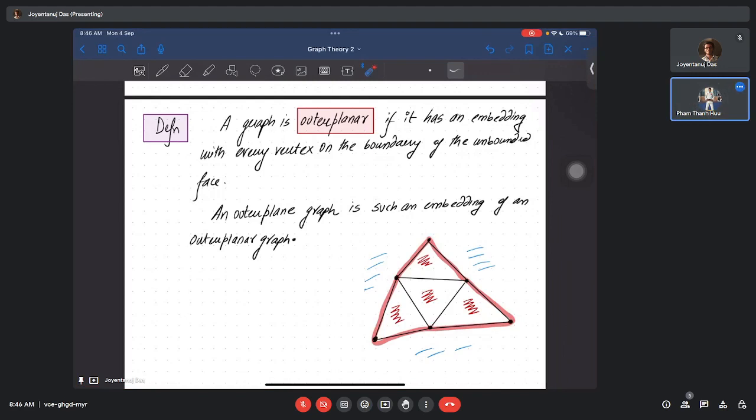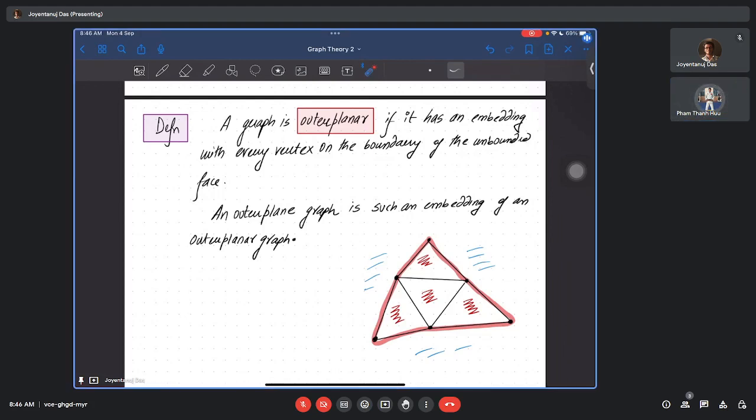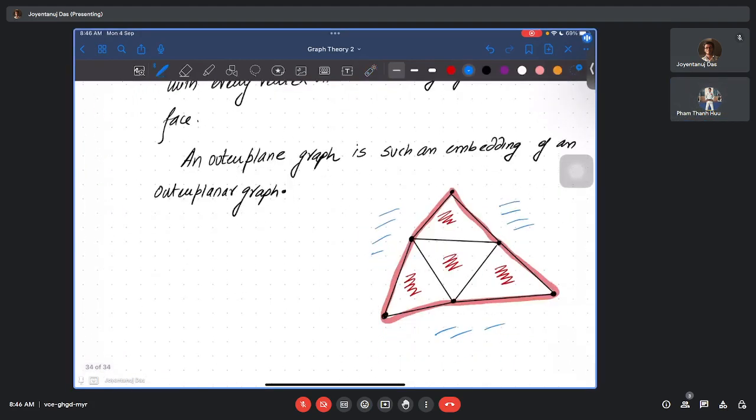Now an example of a graph that is not outerplanar. Suppose you have this graph.